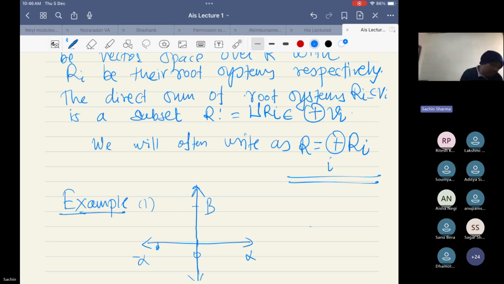So this is beta and this is minus beta. This is usually called A1 cross A1, which is nothing but the direct sum of those things. So this is an example of a direct sum of root systems.